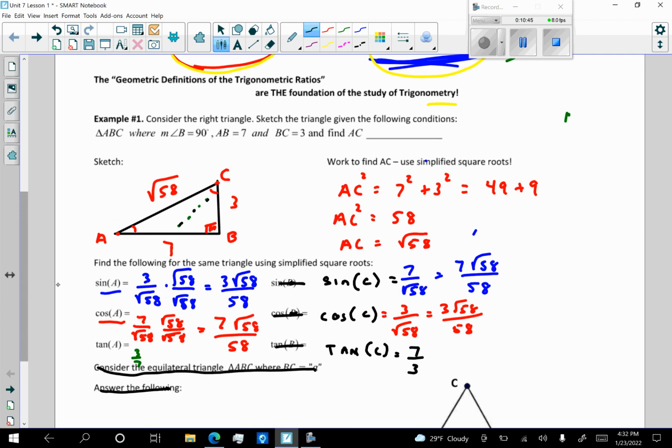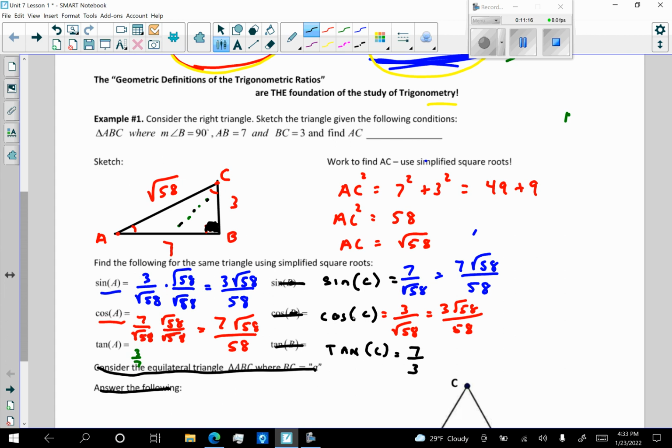I was given a right triangle, triangle ABC, where the measure of angle B was 90 degrees, where one leg was 7, the other leg was 3, and I found the hypotenuse, and then I found these 6 trigonometric ratios: the sine of A, cosine of A, tangent of A, sine of C, cosine of C, tangent of C.